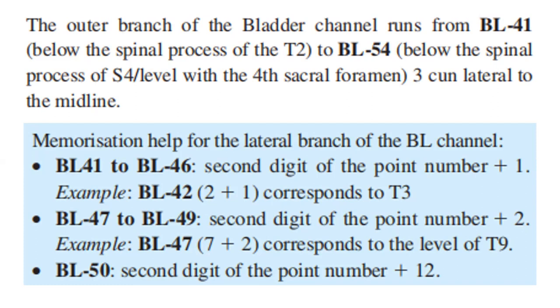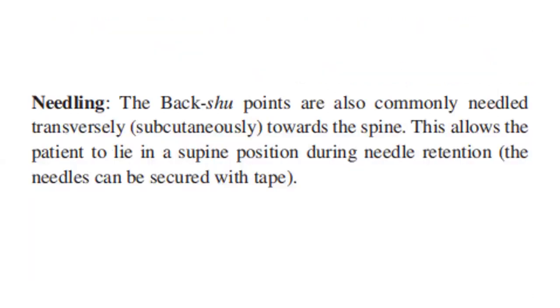For example, bladder 42, 2 plus 1, corresponds to T3. Bladder 47 to bladder 49, second digit plus 2. For example, bladder 47, 7 plus 2, corresponds to the level of T9. Bladder 50, second digit of the point number plus 12.